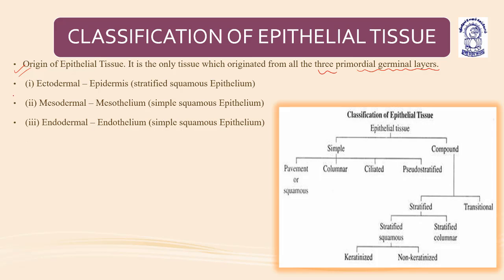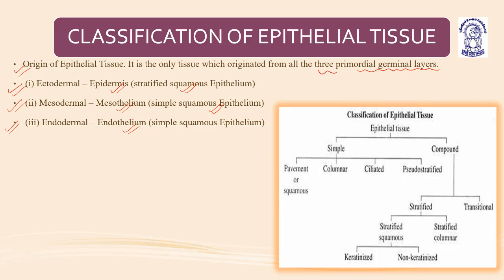Ectodermal gives epidermis, meaning stratified squamous epithelium. Mesodermal means mesothelium, simple squamous epithelium. Endodermal gives endothelium, which is also simple squamous epithelium.